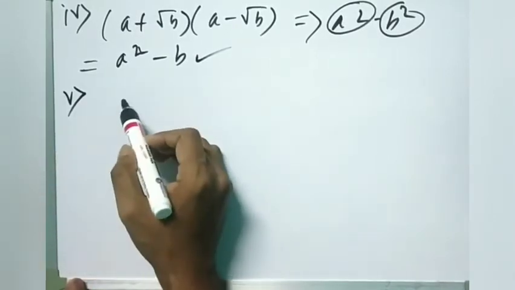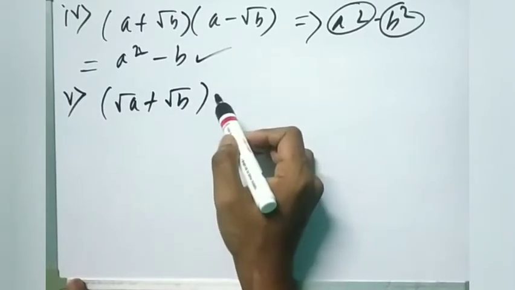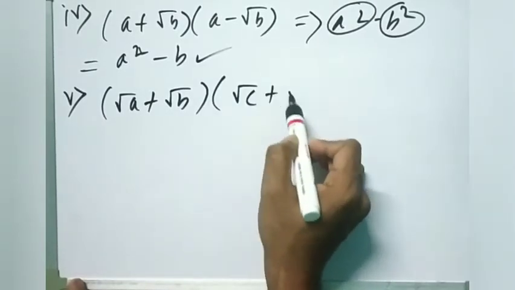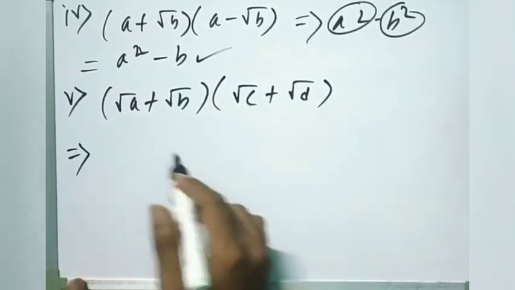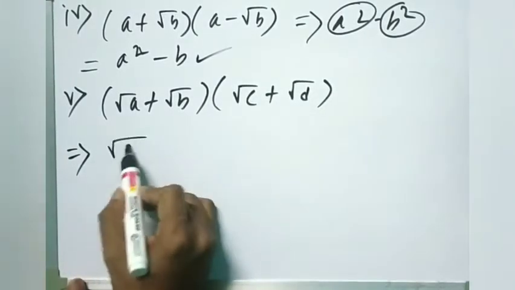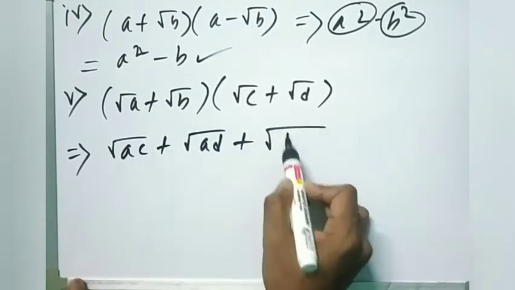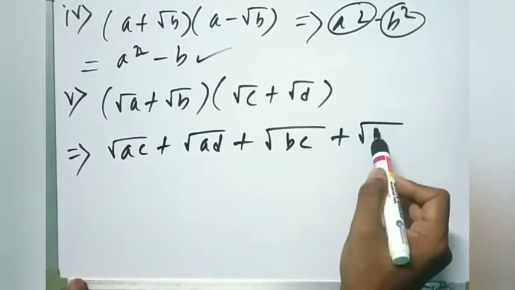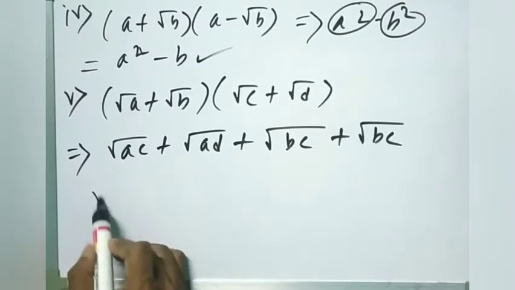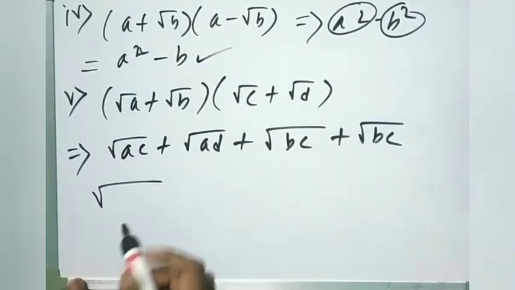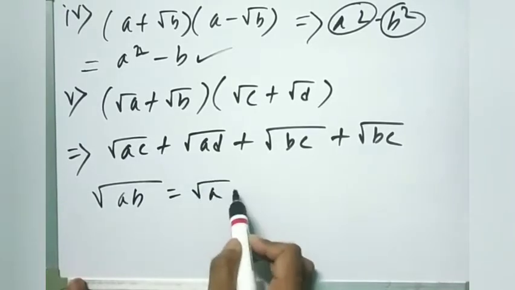Number 5, root a plus root b and root c plus root d. So what will be the result of that? Root ac plus root ad plus root bc plus root bd. I have also discussed in previous lessons that root ab we can write as root a into root b.